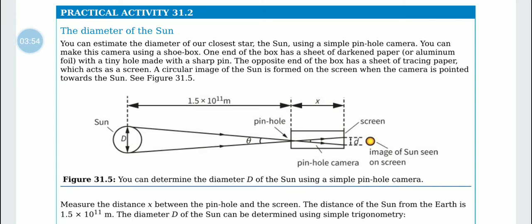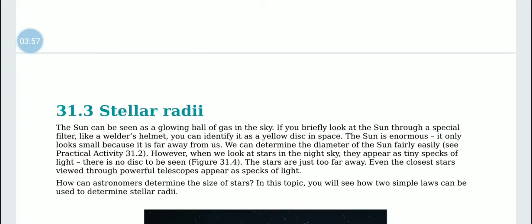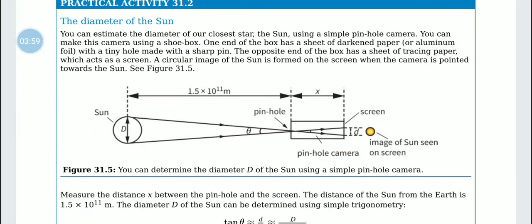The diameter of the sun can be calculated by using a simple pinhole camera. At one end, a sheet of darkened paper or aluminum foil with a tiny hole made with a sharp pin is present. Through this, light would enter and a circular image of the sun would be formed when it is pointed towards the sun.